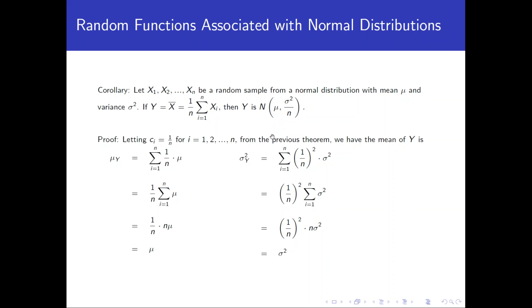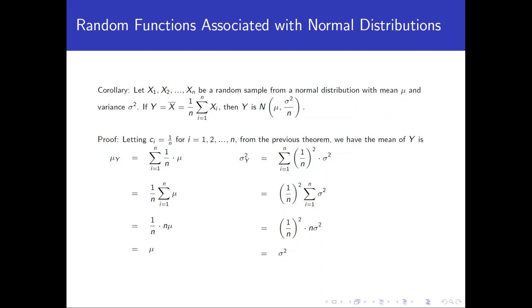This kind of makes sense, right? If you think about the mean of all the means, it should have the same expected value as the individual random variable. However, if you take a random sample and add it up and get the mean, take another random sample and get the mean, and another, you would think the variance would go down.